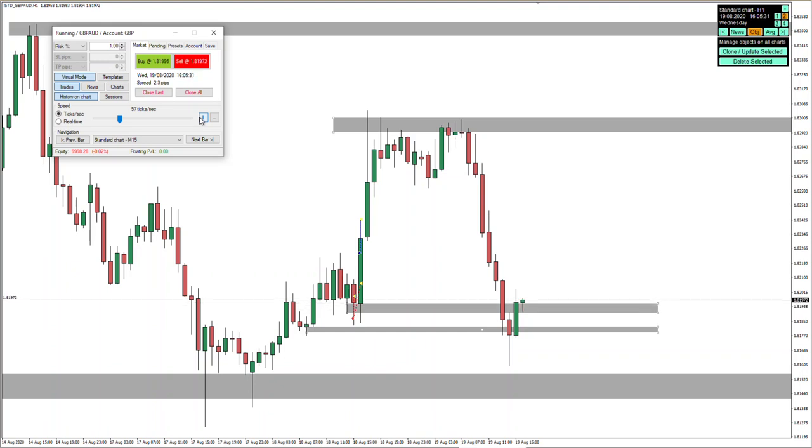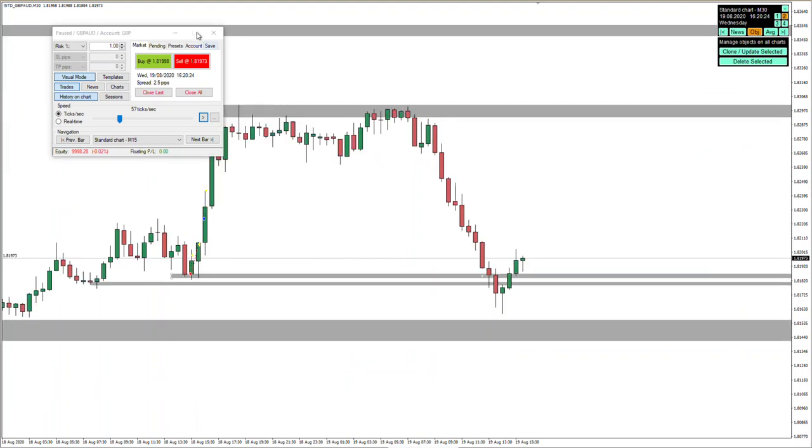Here we go. Yeah, it is beautiful. Okay, if price breaks its own low, its own high, yeah, the first half of the M30 bar is already done.